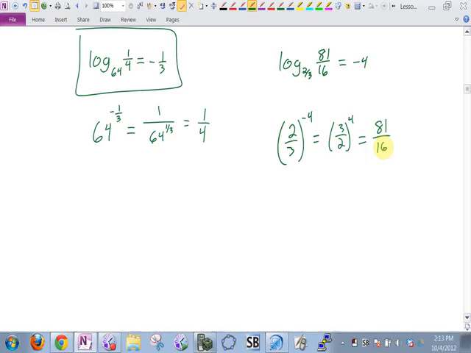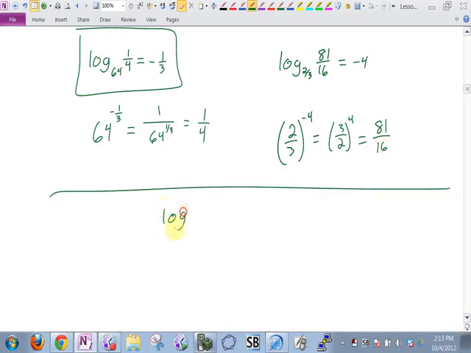You see 2/3, you see 81/16, and you notice the connection between them immediately, right? Like 81 is a power of 3. 16 is a power of 2, and they just so happen to be the same power, 4. But the 81, the power of 3, is in the numerator of one fraction, but the denominator of the other. So the only way you can switch them is by making it negative. So it's kind of like making those connections. And you could have done it the other way.